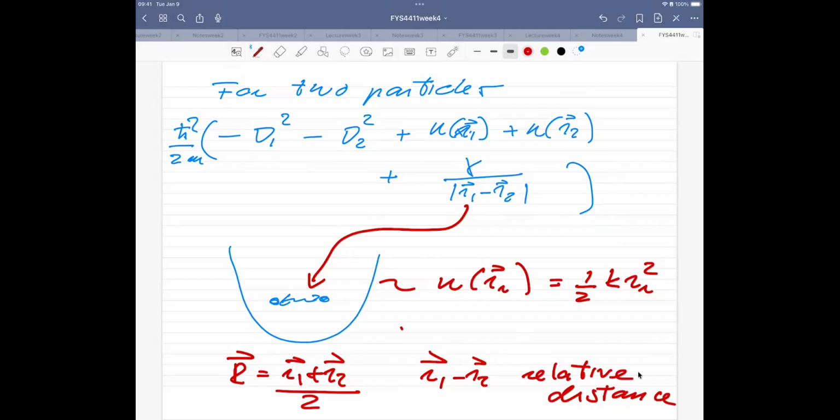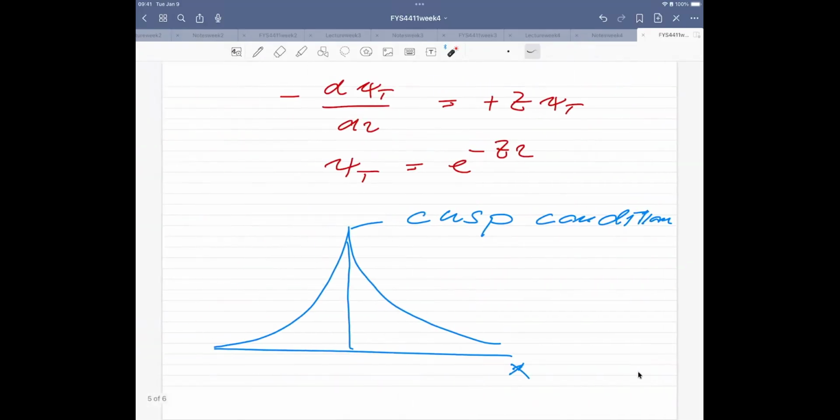But the thing is that you can always rewrite the kinetic energy in terms of a part which is defined by the central mass motion and one which is defined by the relative motion. When you do that, you can then separate the relative motion, because that's the problematic case. And when you do this, you will get a form of the solution which goes like this, but where now R is the relative motion.